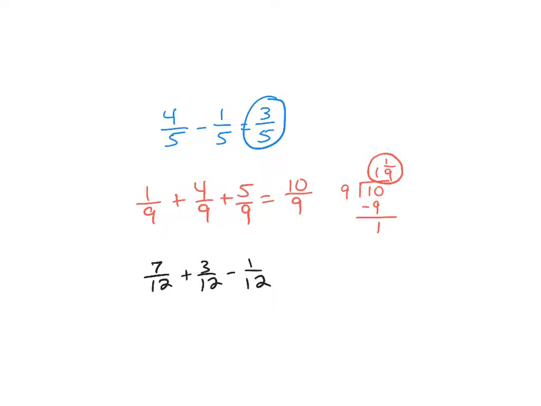And remember, because it's adding and subtracting, I'm just going to go in order from left to right. So 7 plus 3 gives me 10, minus 1 gives me 9, so I get 9/12. 9/12, though, is not in lowest terms. 9 and 12 both have a common factor of 3. So I am going to divide by 3/3, and my final answer to this is 3/4.